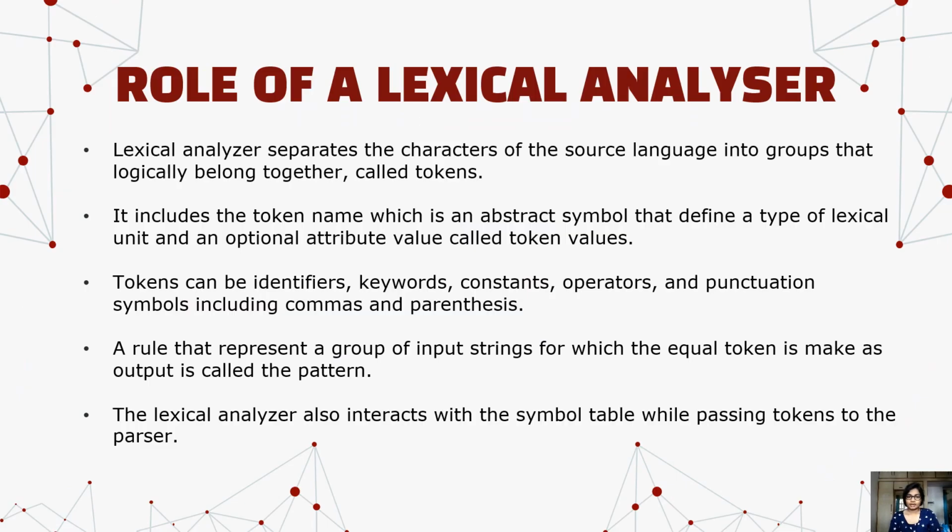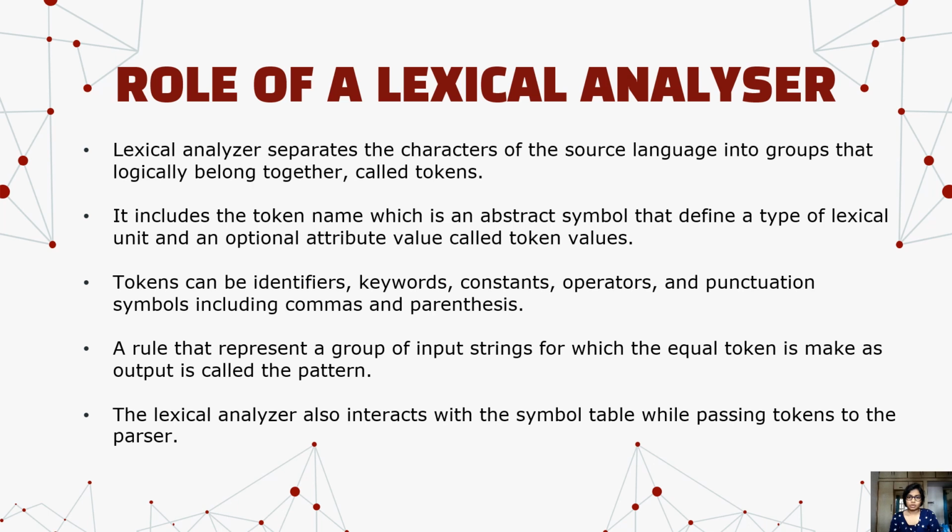Role of a lexical analyzer. A lexical analyzer will separate the characters of the source language into groups that logically belong together, which are known as tokens. A token includes the token name, which is an abstract symbol that defines a type of lexical unit, and an optional attribute value called the token value.